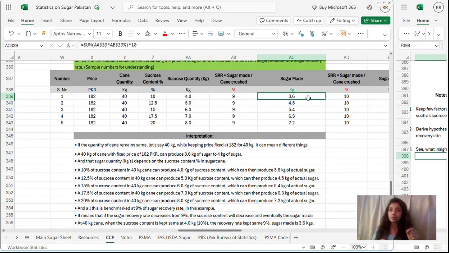So your sugar recovery rate tells how much sugar you made from the total quantity of cane that you crushed. If you have 100 kgs of cane and you made 10 kgs of sugar, that means your sugar recovery rate will be 10%. That 10% sugar recovery rate signifies that you made 10 kgs of sugar. And when that is decreased, it ultimately tells you that the sugar made is decreased.